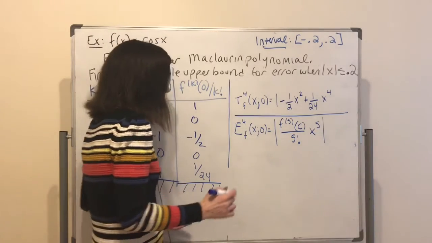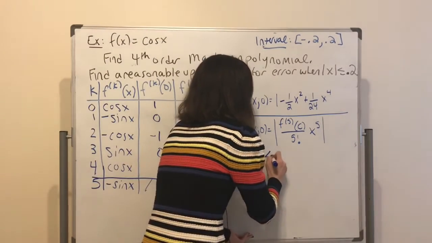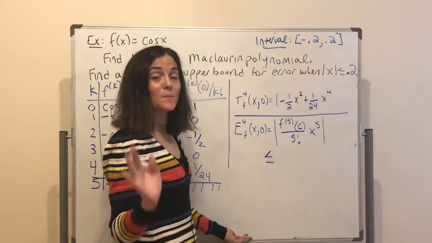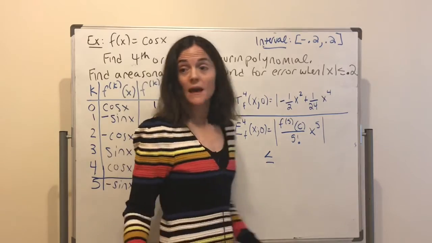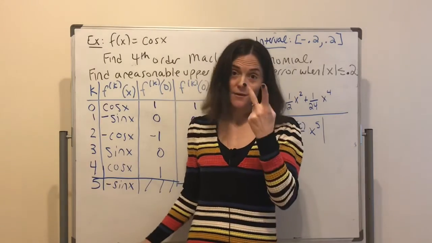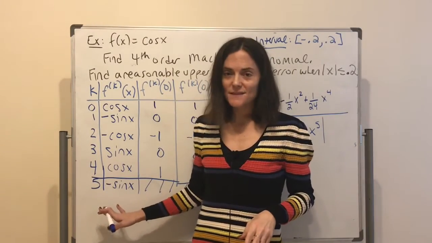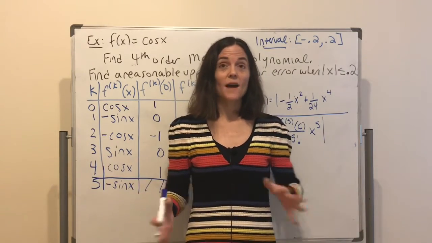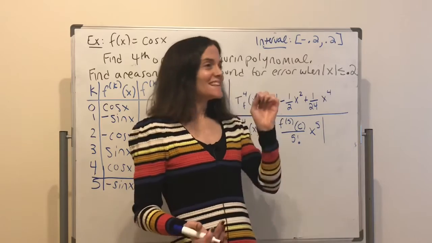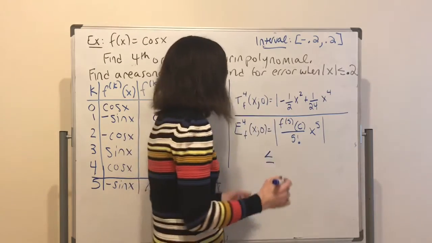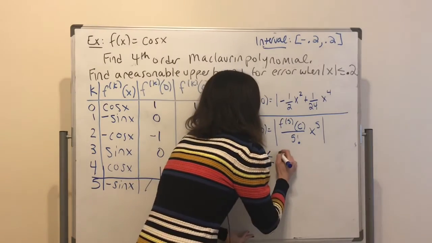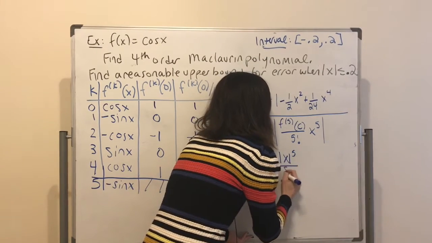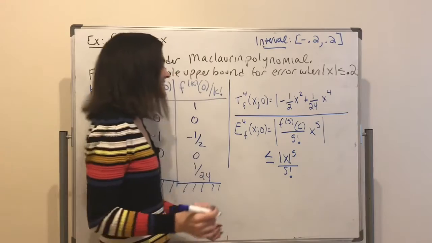So here immediately I can write this is less than or equal to, just put a 1 here. That's the biggest it can be in absolute value because it is either sine or cosine. We know it's negative sine, but the biggest negative sine can be in absolute value anywhere is 1. So this is just absolute value x to the 5th over 5 factorial.